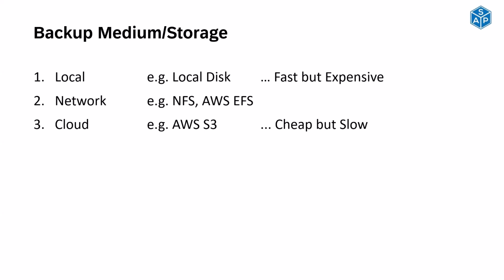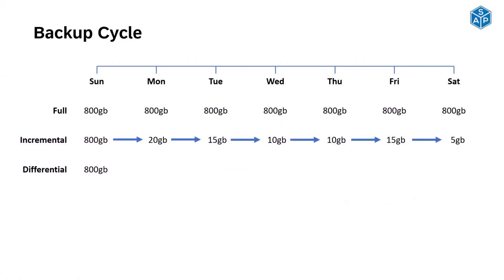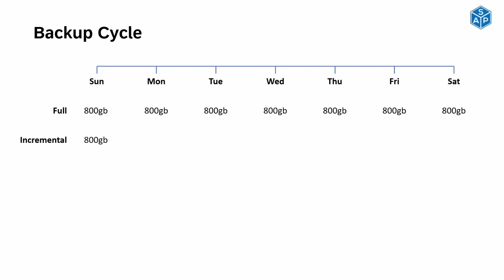In case of failure, the number of restores will reduce. Yes, the number of restores required for differential backup will be lesser. For example, in this scenario for incremental backup, on Sunday I took a full backup.